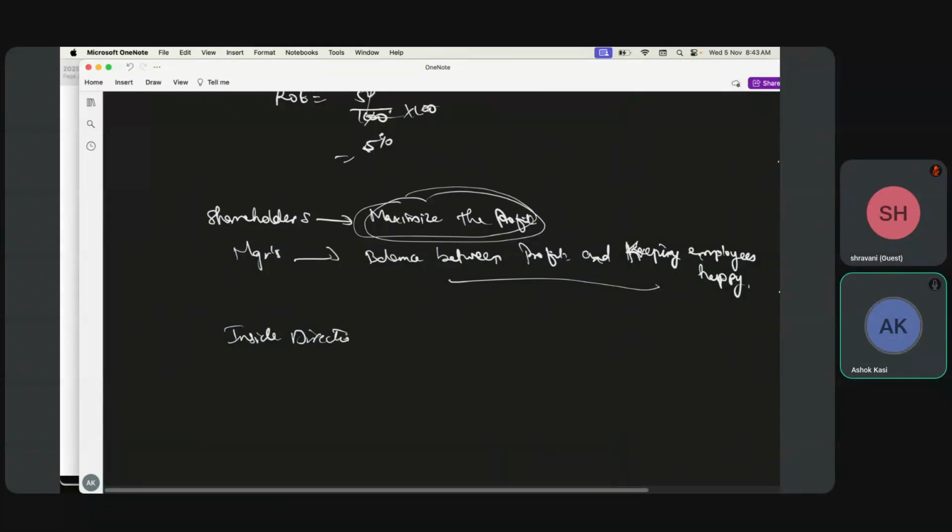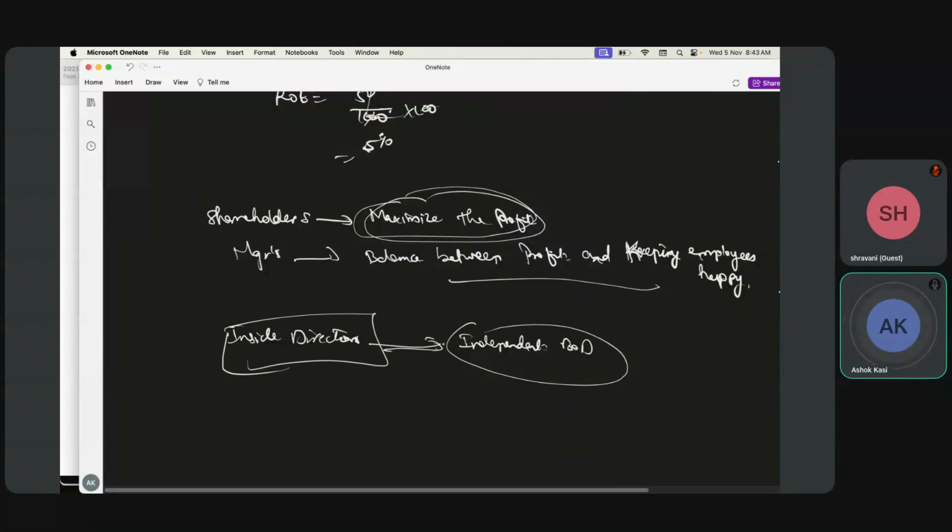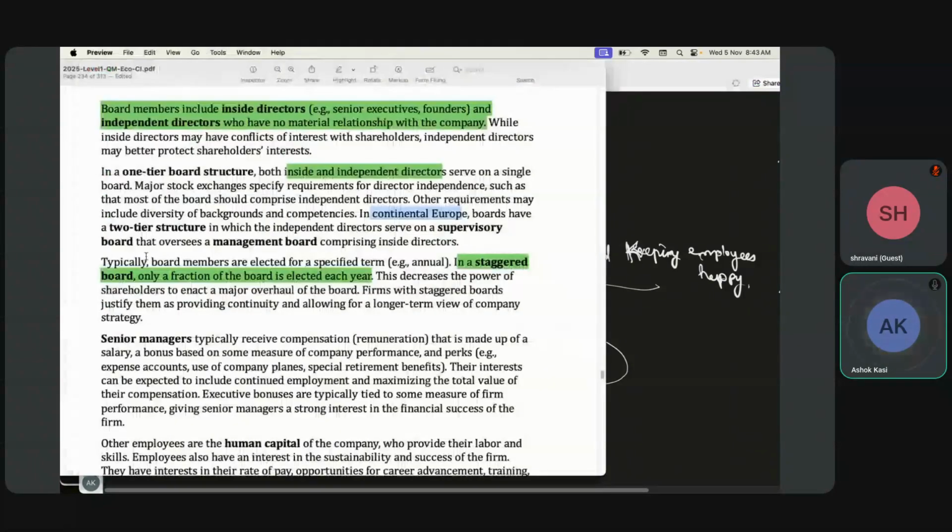They will come up with some conclusions and then send that report to the independent board of directors, who will come together and decide whether it is okay or not. So they both work separately, which is why it is called a two tier structure. The independent directors serve on a supervisory board that oversees the management board comprising inside directors.